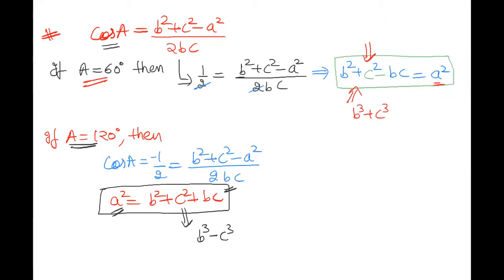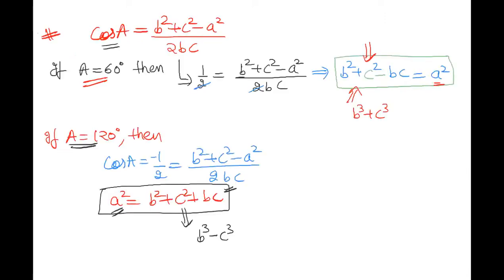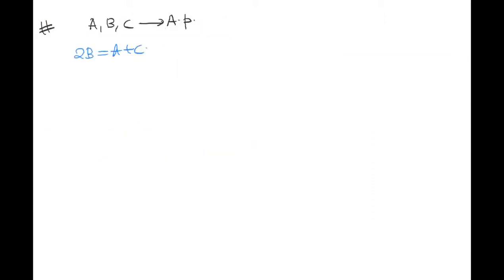Now, next thing is, if it is given that A, B, C are in arithmetic progression, that is, the angles are in arithmetic progression, I can write 2B is equal to A plus C. So ABC are in arithmetic progression, so twice the middle angle is equal to the sum of the extremes.